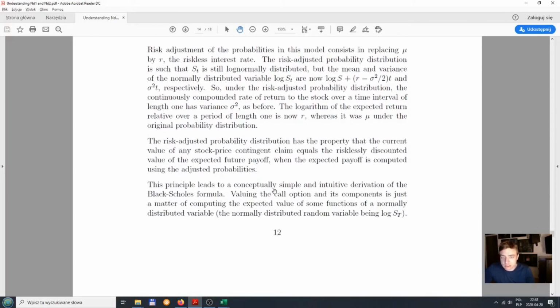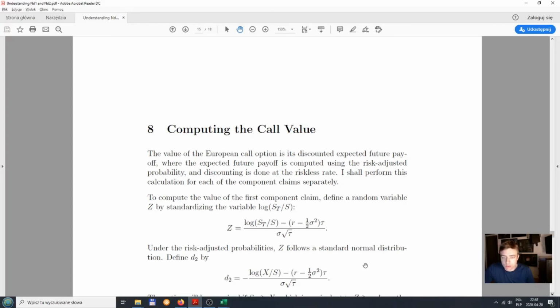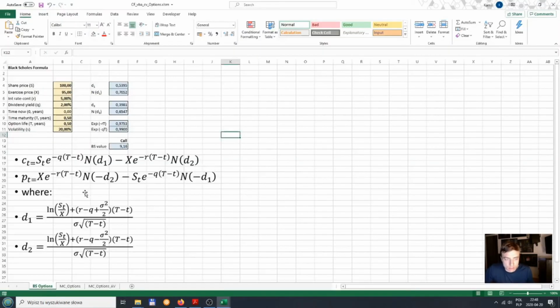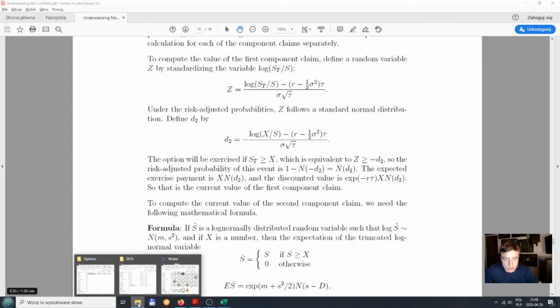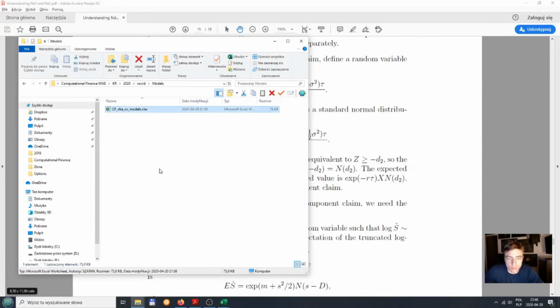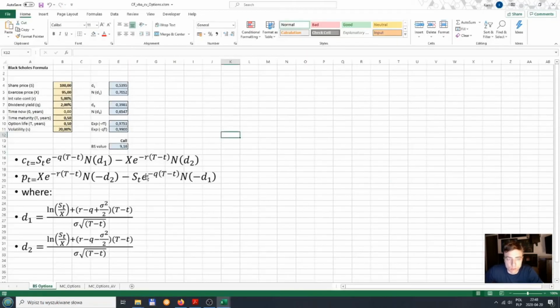This is something that you may already recognize from our D1 and D2 formulas in Black-Scholes, and also something that you can remember from our geometric Brownian motion.